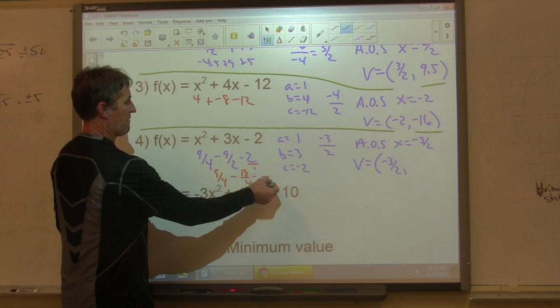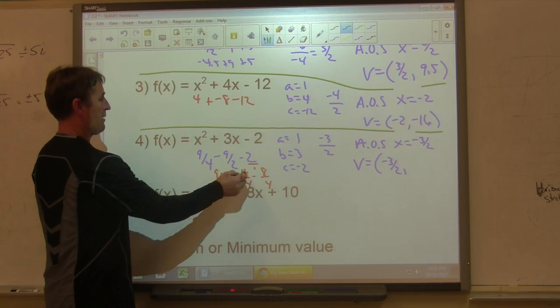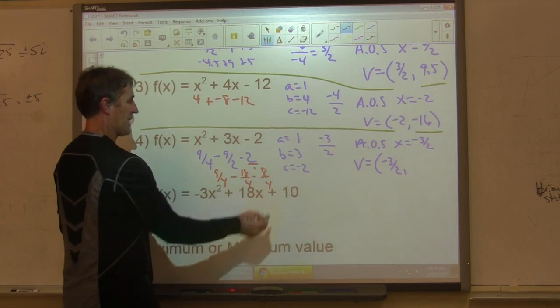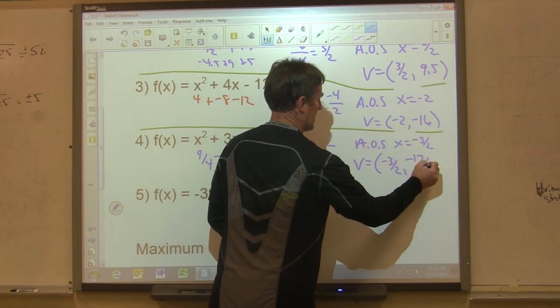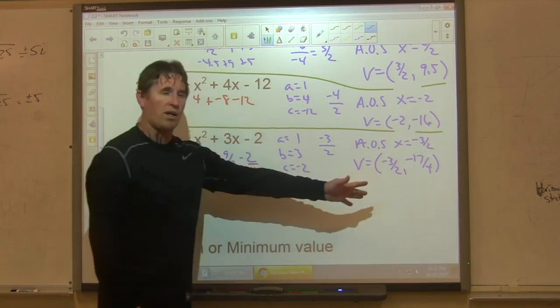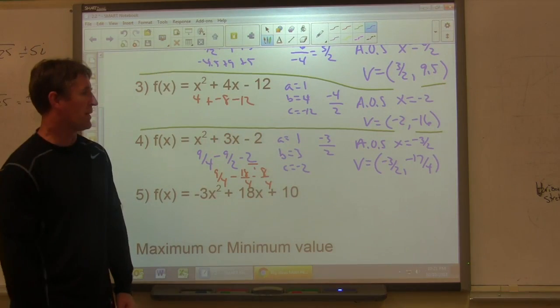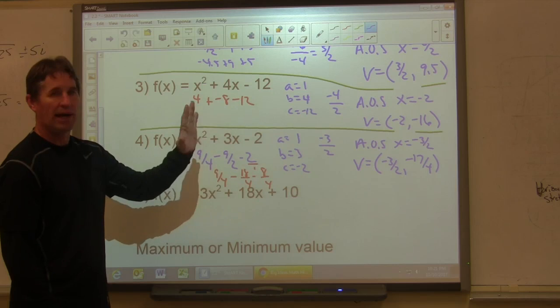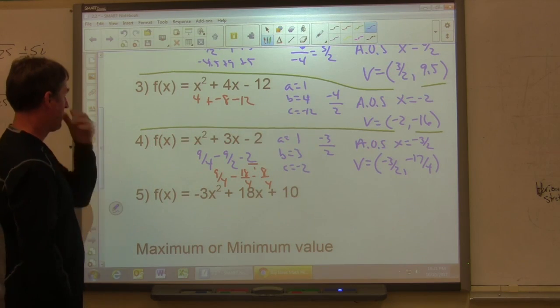I have to multiply 1 by 4, so I multiply 2 by 4, and I get -8/4. 9 minus 18 is a -9, minus 8 is a -17, so we get -17/4. Now again, if you wanted to use a decimal, that'd be -1.5 and -4.25. Either way, doesn't make any difference. Should work both ways on the computer.